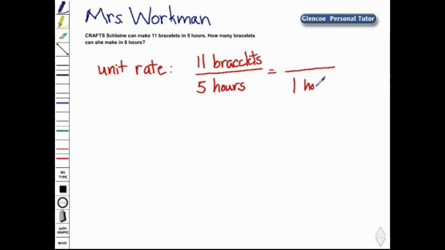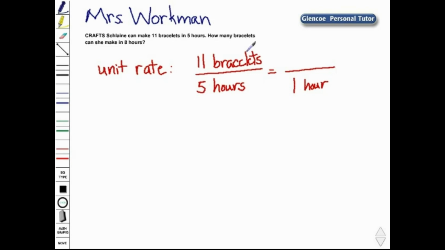In order to do that, we're going to write the ratio 11 bracelets divided by 5 hours. And in order to get 1 hour in the denominator, we're going to have to divide 5 by 5.